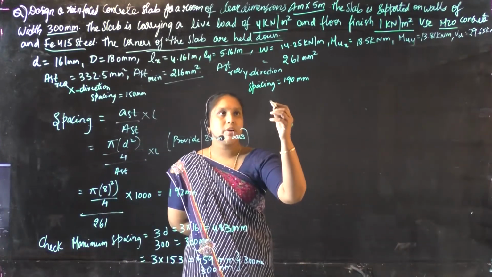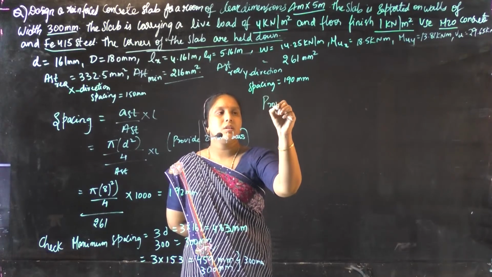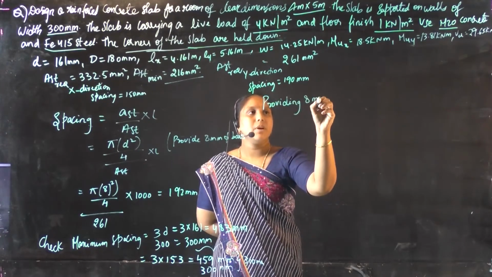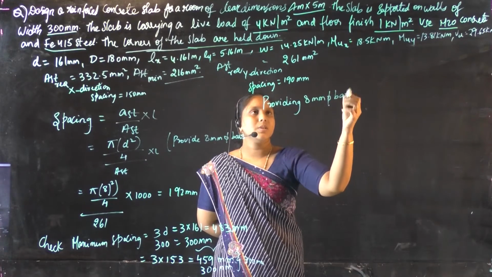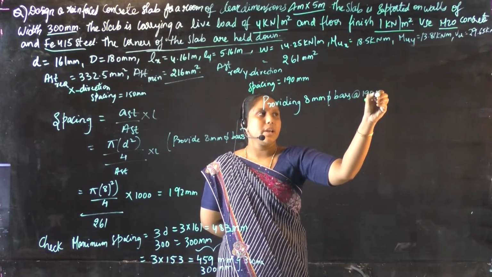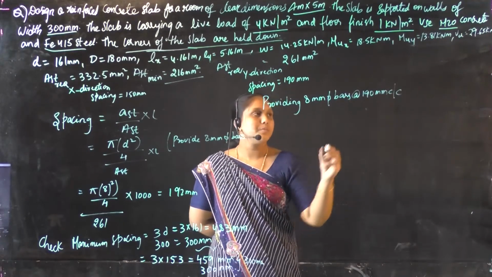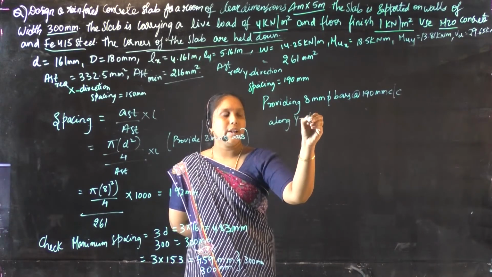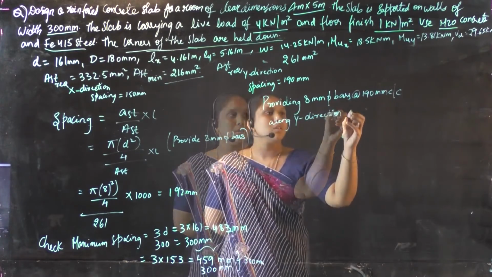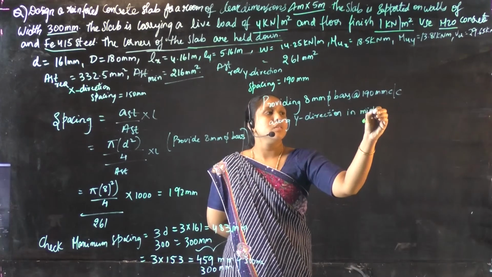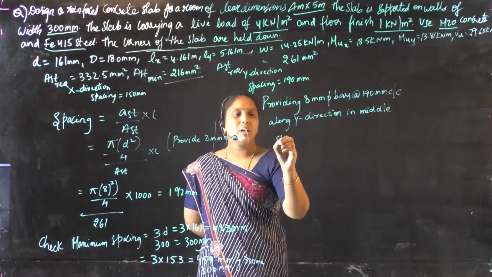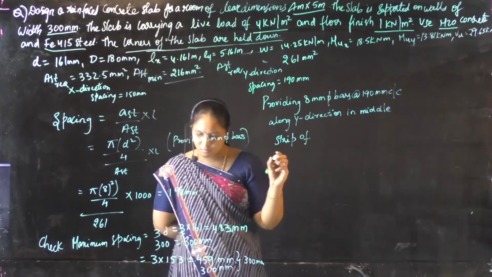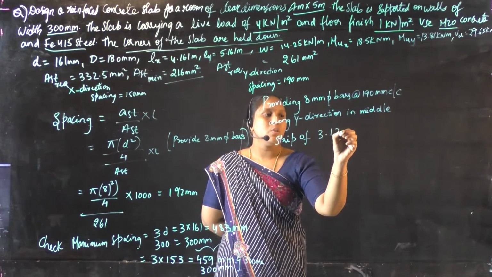Now what we are doing? We are providing 8 mm dia bars at 190 mm center to center along y direction in middle strip of 3.12 meters.